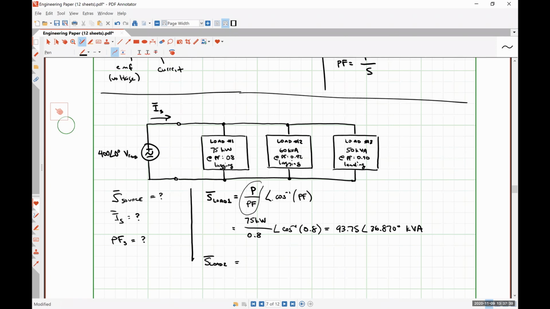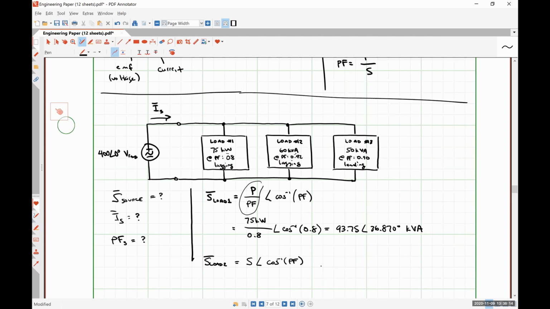Up here, we were given the average power, and we had to divide by the power factor to get the apparent power. If we are given the apparent power, we don't need to do anything to get the apparent power, right? That's a fundamental mistake I see lots and lots of students make over and over again, is not understanding the difference between these units and how it influences your approach to these problems. So for this guy, it should literally be S angle inverse cosine of the power factor, and that's it.